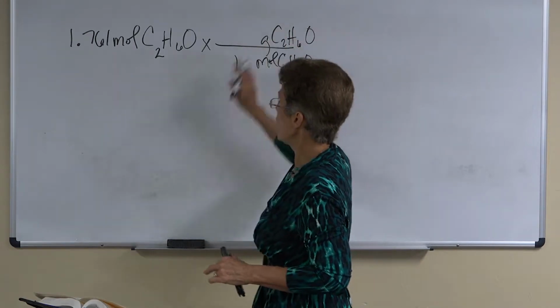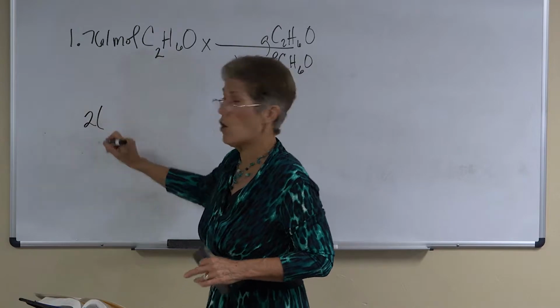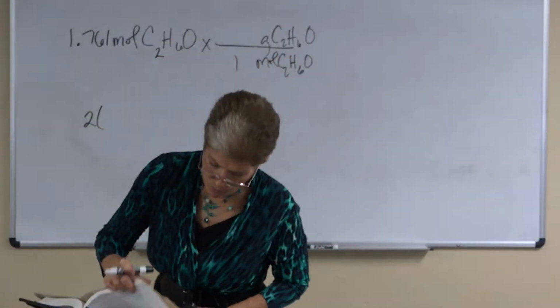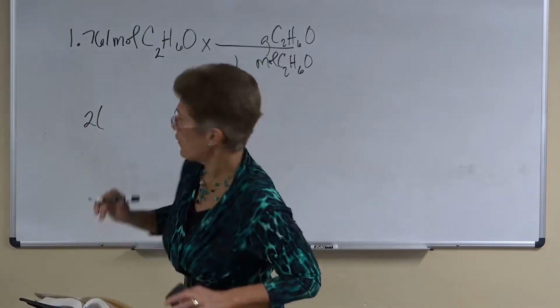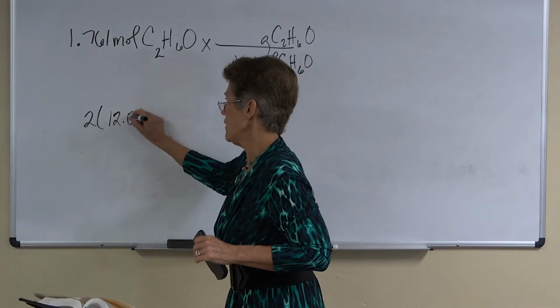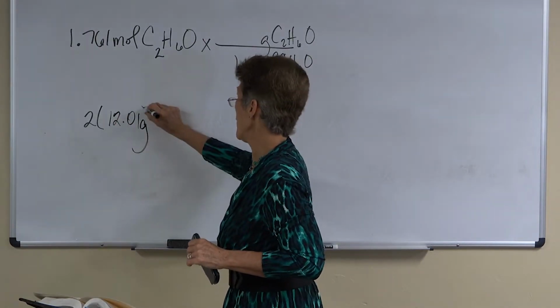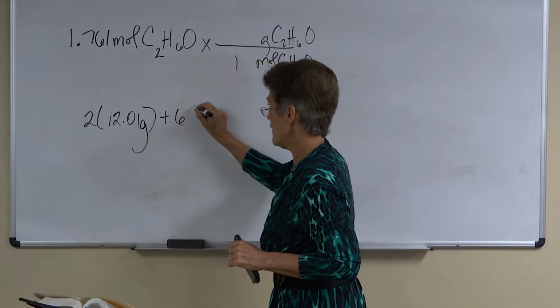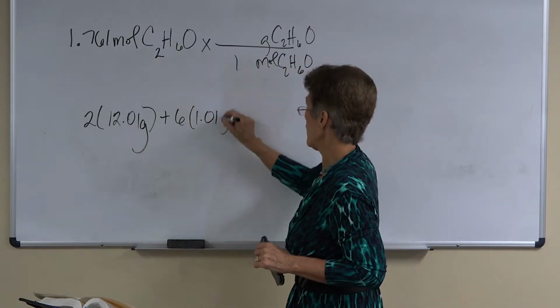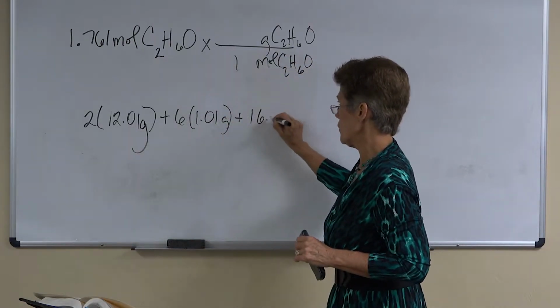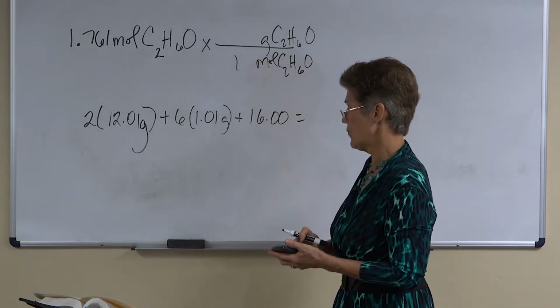I know in 1 mole I can figure out the grams. 2 times carbon, which is 12.01. I think I messed that up in the last one, didn't I? Plus 6 times hydrogen, 1.01 grams. Plus 1 oxygen, 16, equals.